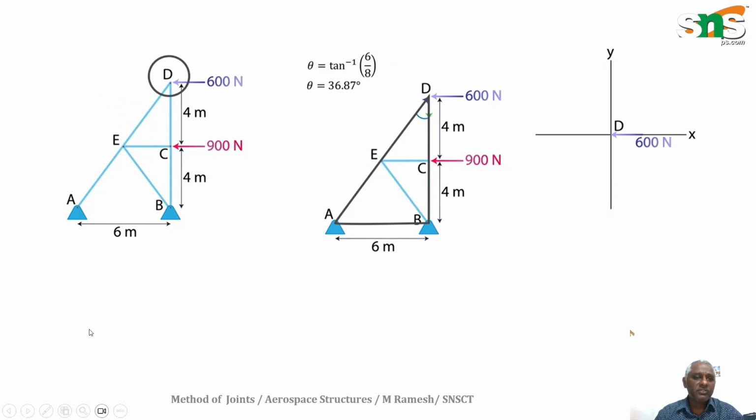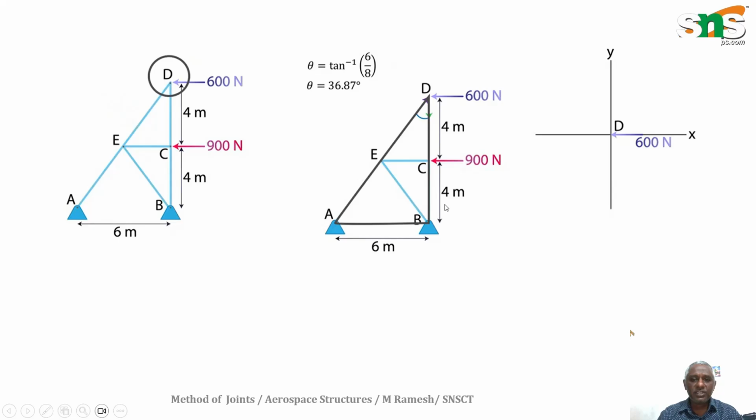Just take this right angle triangle. This distance we cannot know, but this distance we know, and this is also unknown. So with only one known value we can find the angle of inclination in a right angle triangle. So take the whole right angle triangle ADB, because the horizontal distance is known.